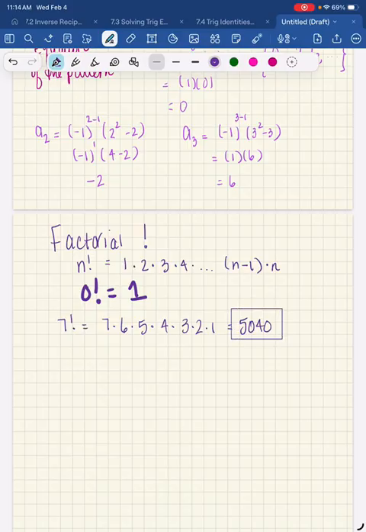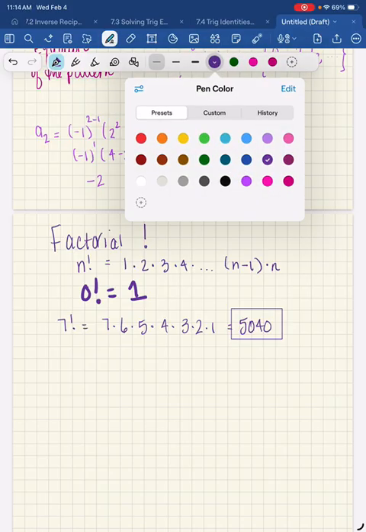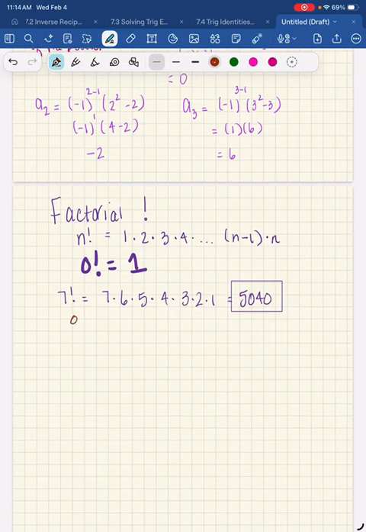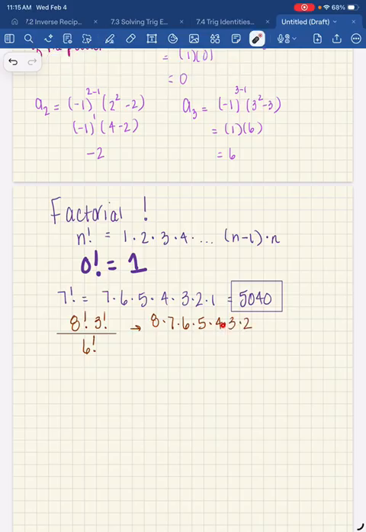Okay. You can simplify funky factorials. The problems definitely get a little bit harder than this. So if I want you to simplify something like 8 factorial times 3 factorial over 6 factorial. Okay, well, I'm going to write it out the long way, and then let's see if you can establish some shortcuts. I don't tend to write the 1. So that's 8 factorial. This right here is 8 factorial. Times 3 factorial, which is 3 times 2.